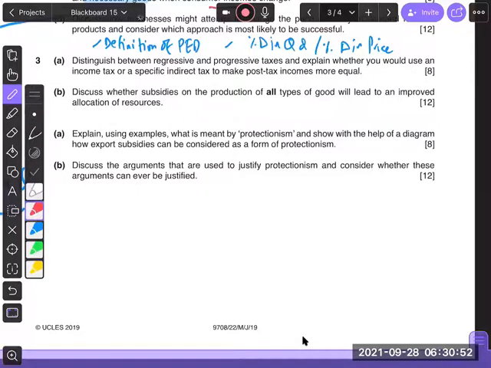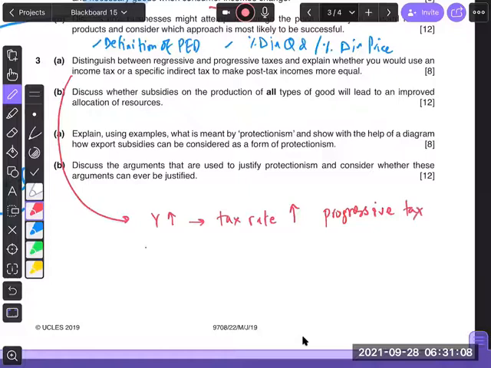Guys, when your income goes up and your tax rate also goes up, we call it a progressive tax. But when your income goes up and your tax rate goes down, we call it a regressive tax.